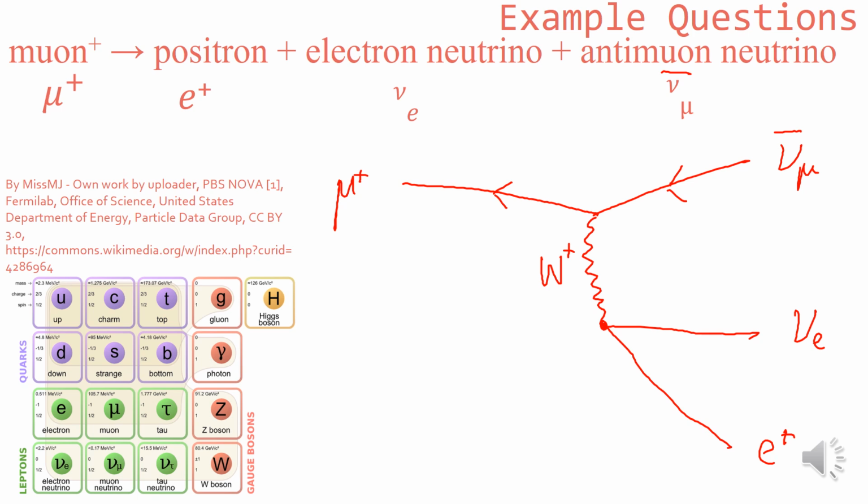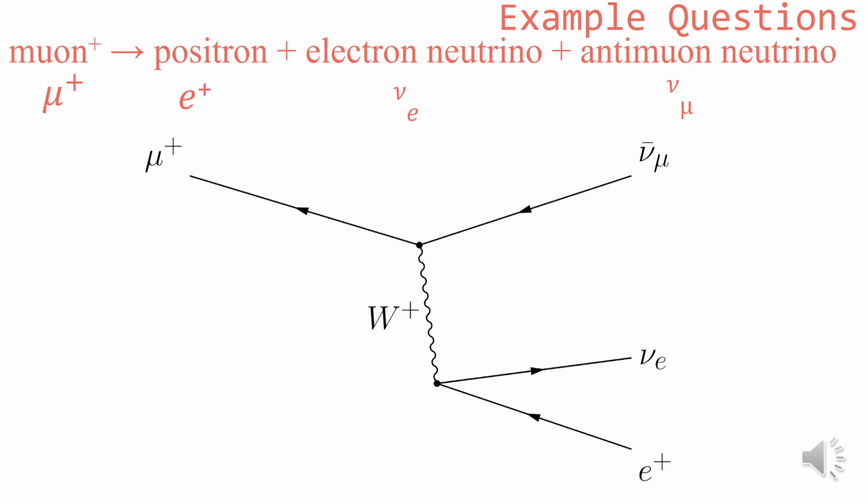In this case, the antiparticle is the positron and our electron neutrino is the normal particle. So that's what we have here. In fact, we've got no curly brackets because we have no hadrons. Again, another example of the weak interaction. So that's a neat version of what we showed earlier, again with our W plus and our weak interaction.